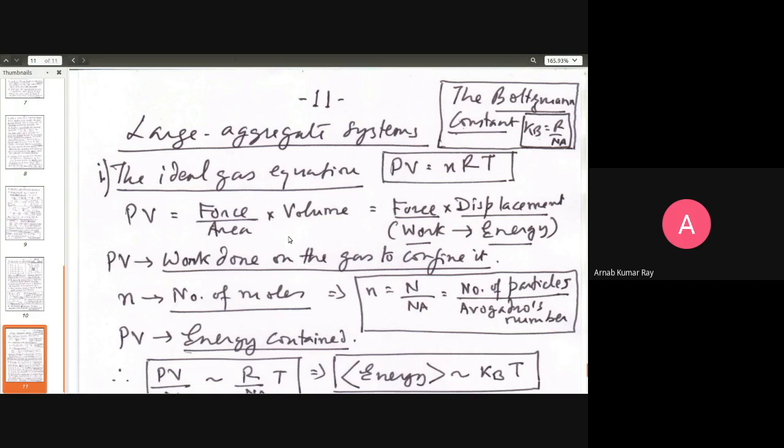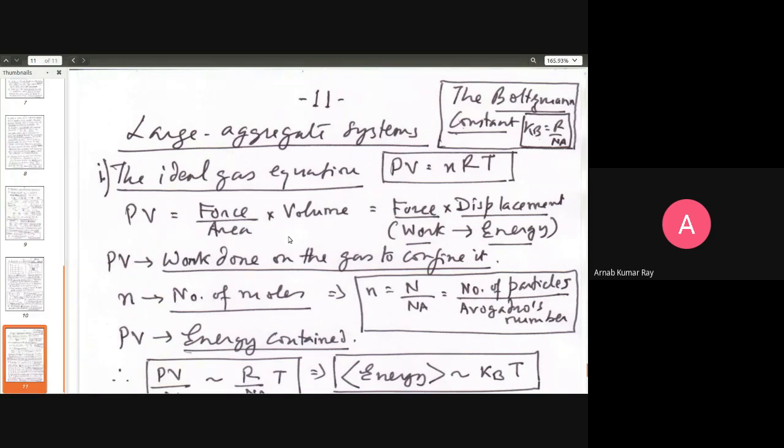If you write 32 grams of molecular oxygen, then the number of particles contained in those 32 grams of molecular oxygen will be equal to 6 into 10 raised to 23. If you consider 28 grams of molecular nitrogen, N2, the number of particles contained in those 28 grams will be 6 into 10 raised to 23.